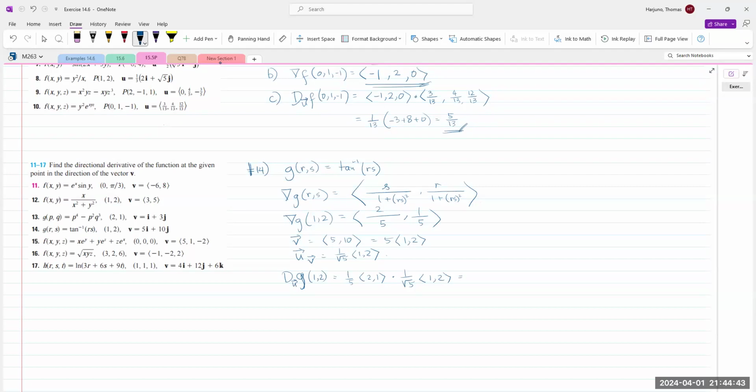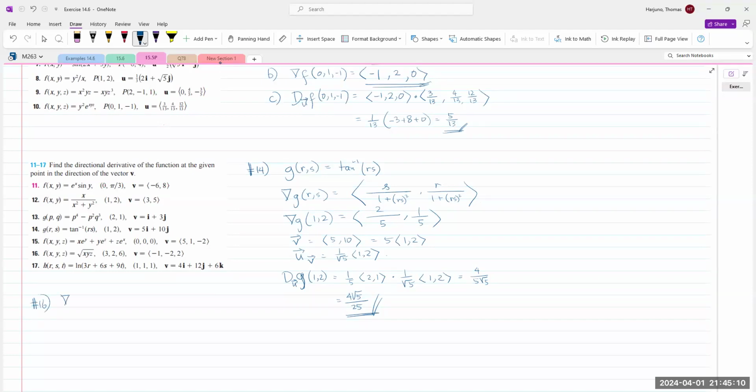So this is 4 over 5 radical 5, or we can say this is 4 radical 5 over 25. So you see that the formula is basically the gradient multiplied by the unit vector. Okay, let's go on. Let's try number 16.